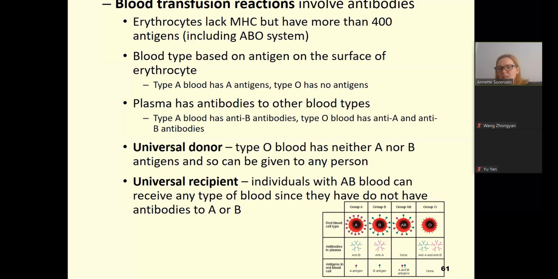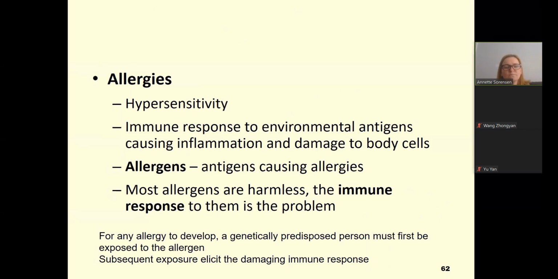Again, if somebody with blood type AB was donating, those cells would be destroyed, because the antibody found in the recipient would destroy the red blood cells received from the donor.